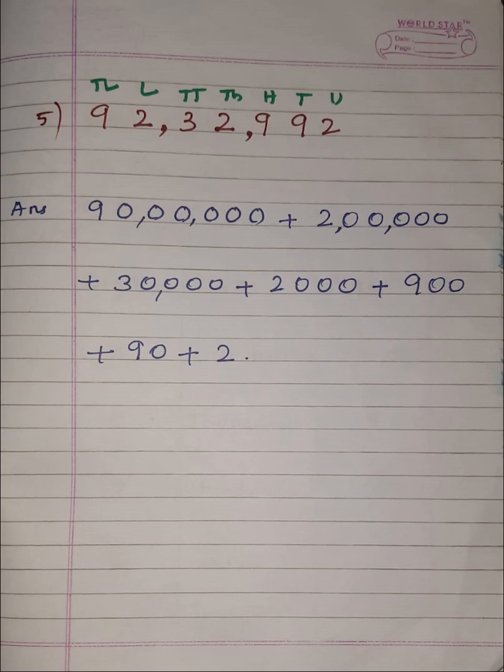Okay. So children, how will we write the answer? We have to add up all the digits with respect to their place values, right? So first we add 90 lakhs.